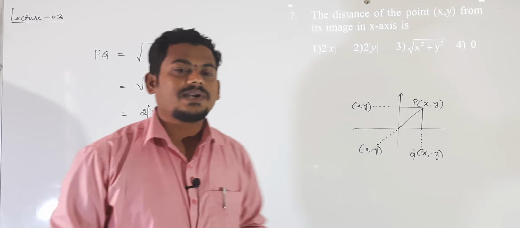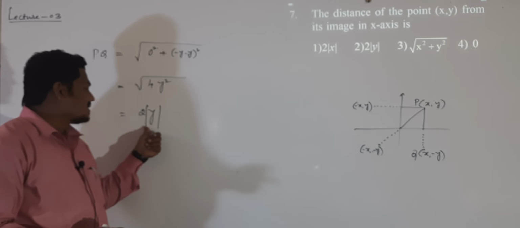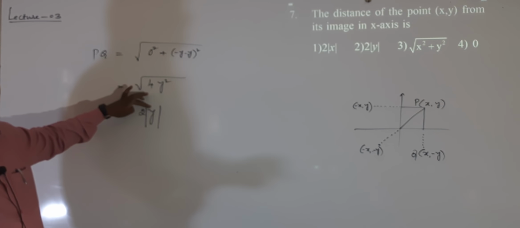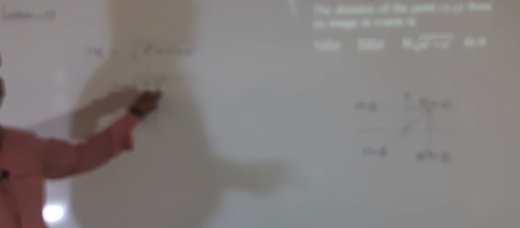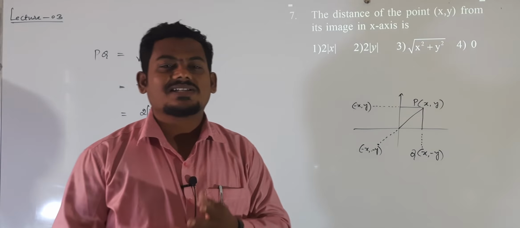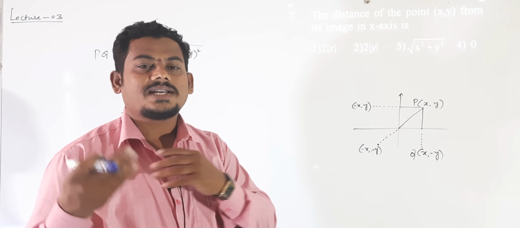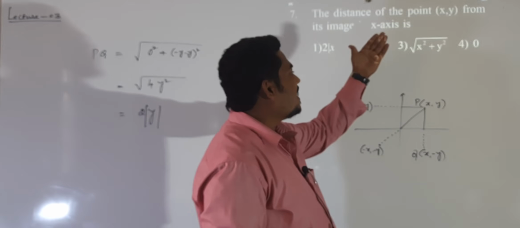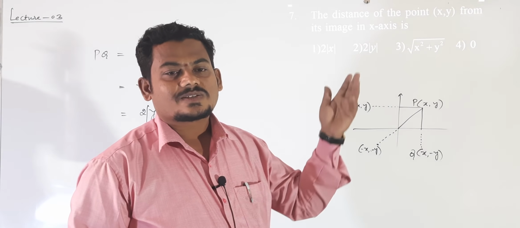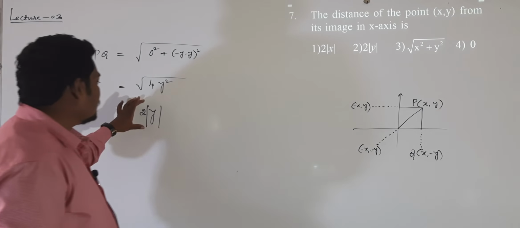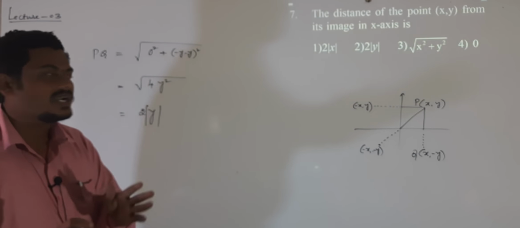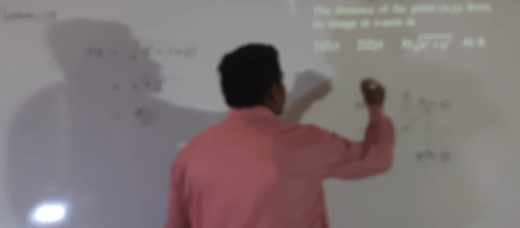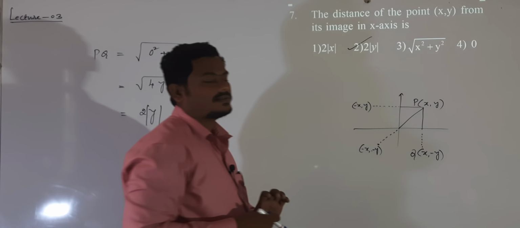If you want a positive value, then consider modulus. I don't know whether y is positive or negative, meaning that point may be in first, second, third or fourth quadrant. That depends on the x and y values. For that reason, just take modulus sign, because distance should not be negative. So the second option is the correct answer, right?